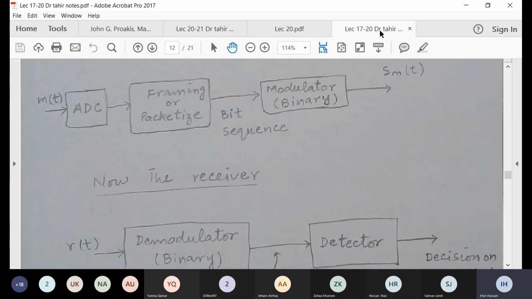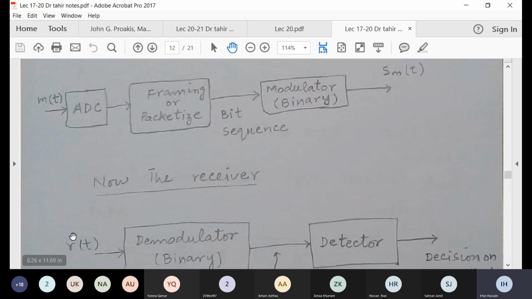So you can see what happens in communications: first of all you have an analog signal, you convert it into a digital signal. So now you have a bit sequence. Now in order to send this signal, you will again convert this bit sequence by a modulator into an analog signal.